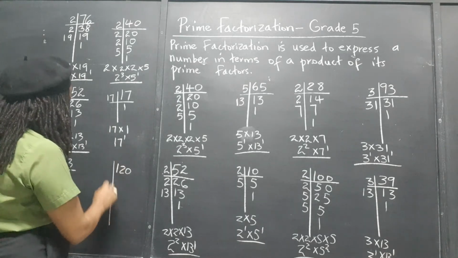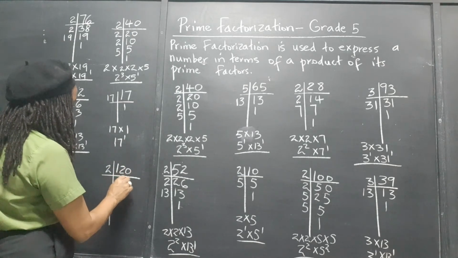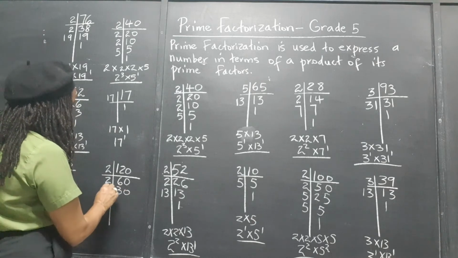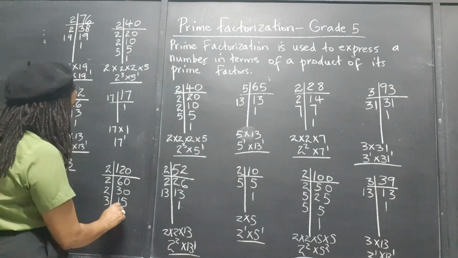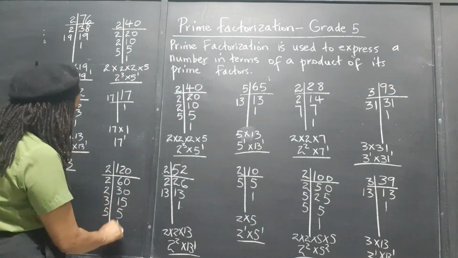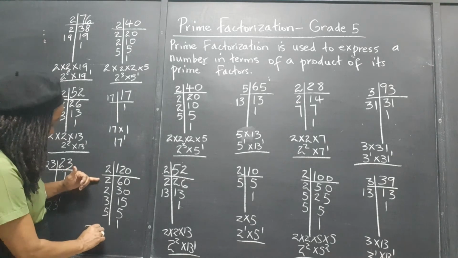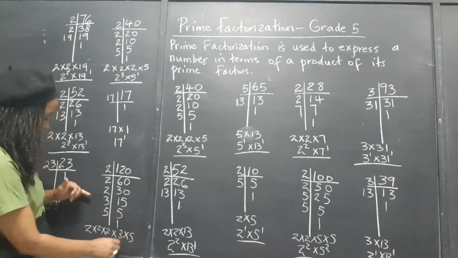Alright, finally, 120. 2 into 120, that's 60, 2 into 60, that's 30, 2 into 30 goes 15, 3 into 15 goes 5, and 5 into itself once. So we have 2 times 2 times 2 times 3 times 5.